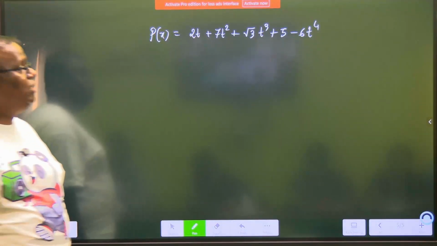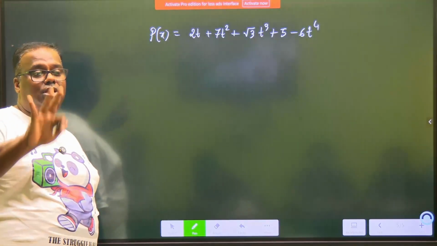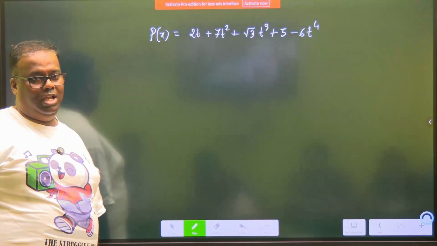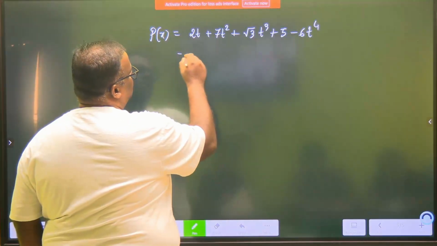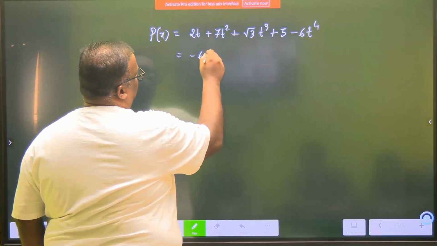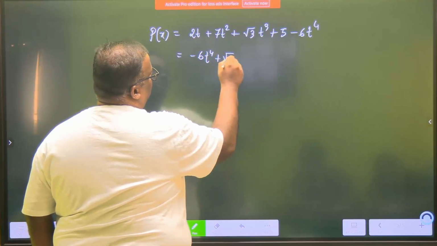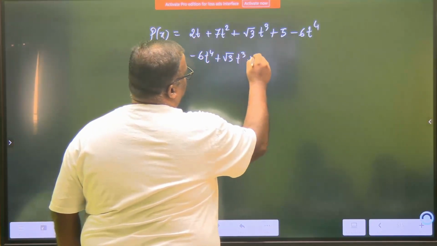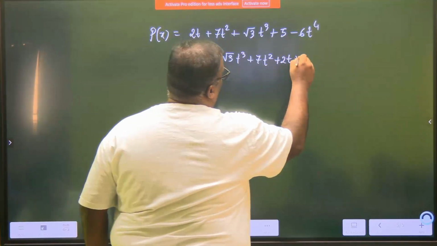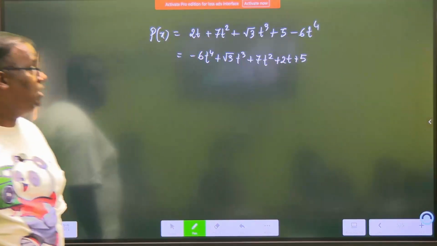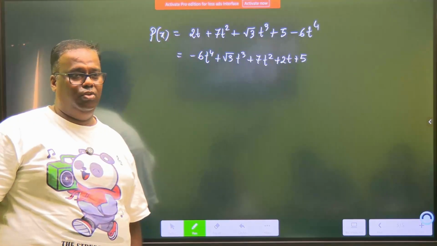What is the degree of this polynomial? 4 is the degree of the polynomial. And you are supposed to rearrange and write it. So how do we write it? We write it as -6t^4 + root 3 t^3 + 7t^2 + 2t + 5. What is the leading coefficient? Negative 6 is the leading coefficient.